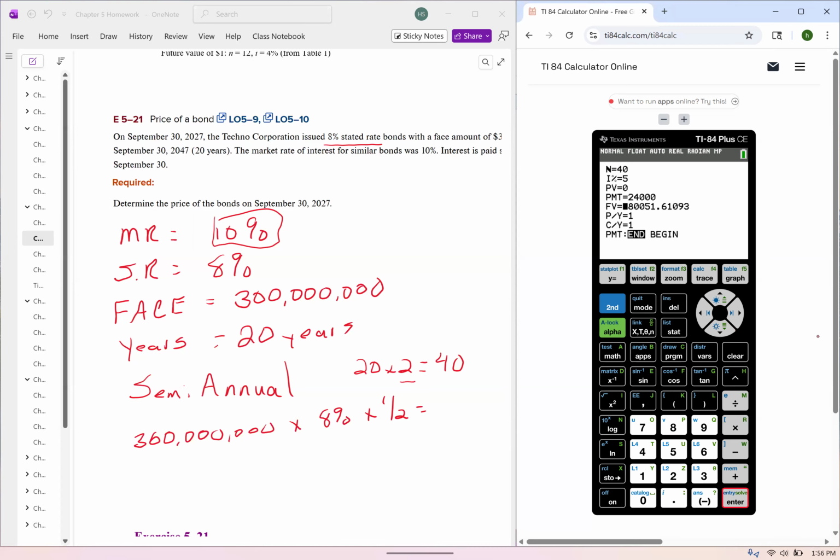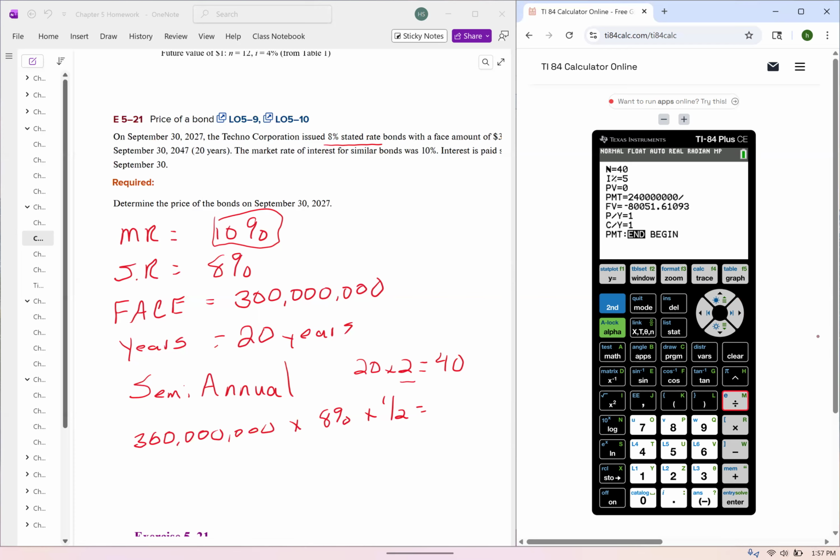I did not put enough zeros in there. Multiplied times 0.08. There we got 2,400,000. We're going to jump back up there because that's for a whole year.